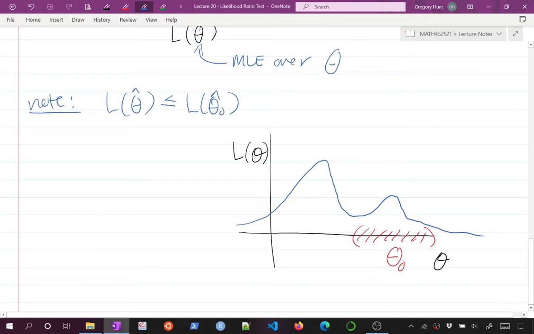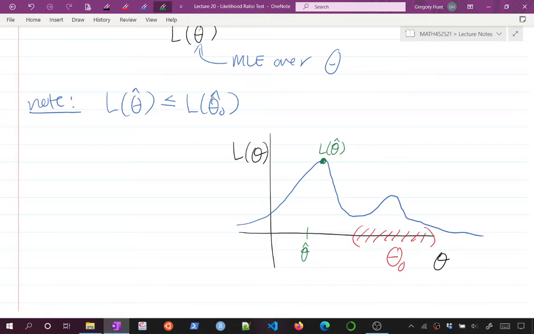Whatever it is. If I were to find the MLE over the whole space, that would be the point here corresponding to my highest overall peak, and this value would be the value of L at theta hat, my MLE.